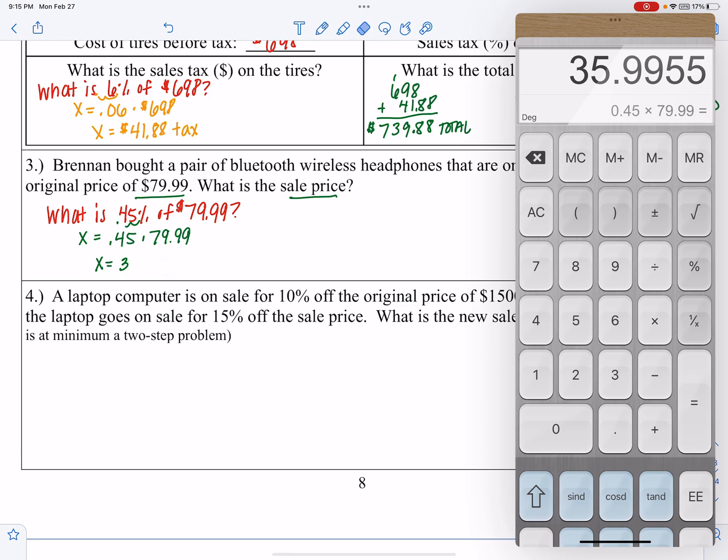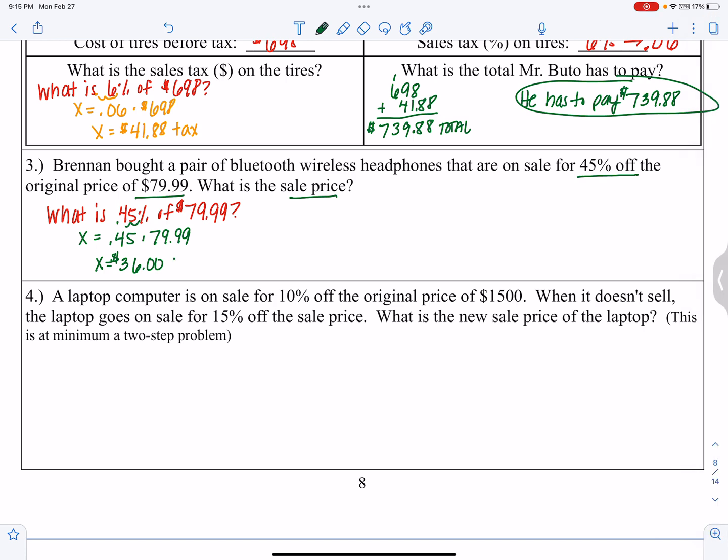Okay. And so $36. Let's label what this is. Okay. This is a $36 discount. Okay. For the sale price. So what do we do with our original? We have our $79.99 minus our discount. Okay.